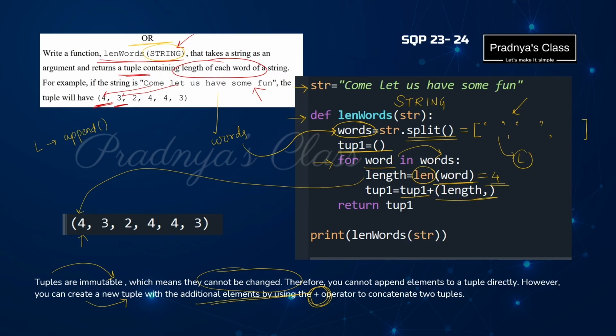For that we have created one single element tuple. Look at the syntax. We create a single element tuple by writing the first element and specifying the comma. Same thing we are doing here. We are creating a single element tuple and concatenating it to tuple1. In this way, one by one the length will get added to the tuple.